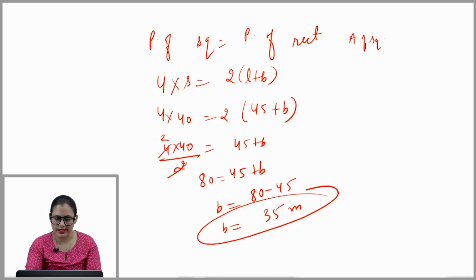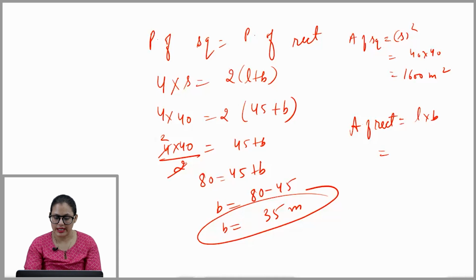Area of a square is side square, that is 40 into 40, 1600 meter square, and area of a rectangle is length into breadth, that is length is 45 and breadth is 35.